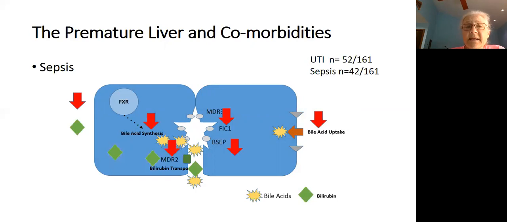So in sepsis, you have even more downregulation of bile acid synthesis and transport. You have more downregulation of the transporter for bilirubin, and you have downregulation of bile acid transport. So again, the perfect storm just turned to a hurricane.